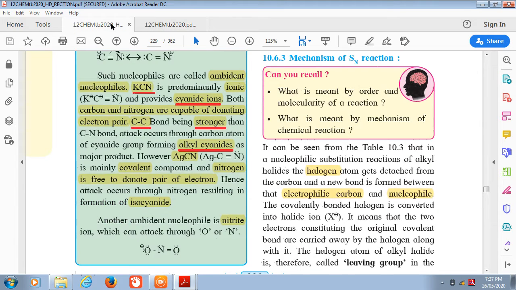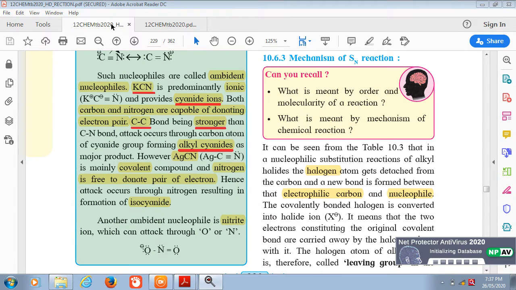Now we go to the next question. What is meant by mechanism of reaction? A stepwise description of a chemical reaction is nothing but its mechanism.